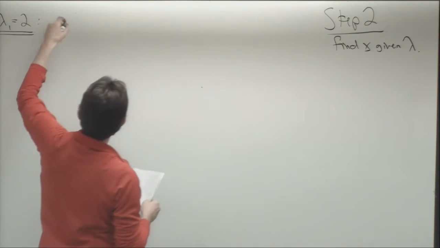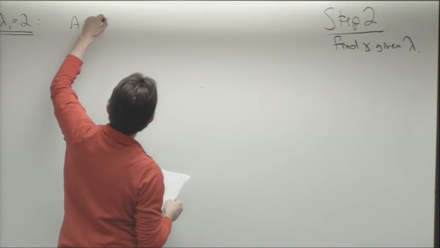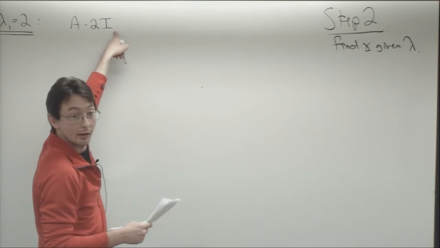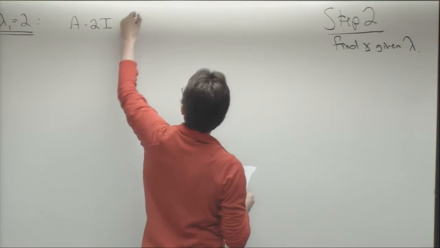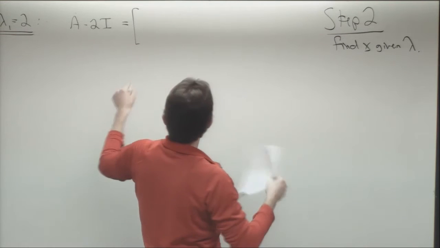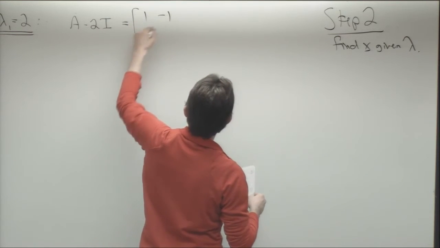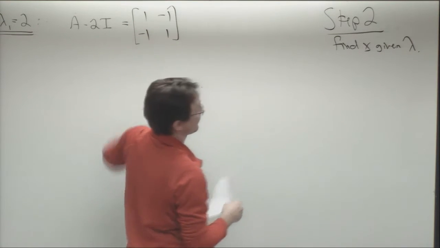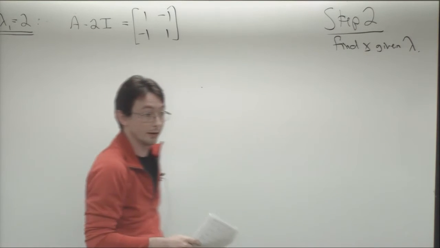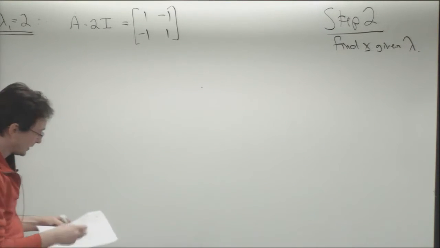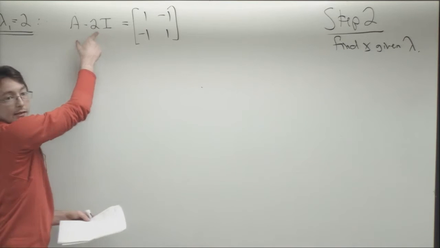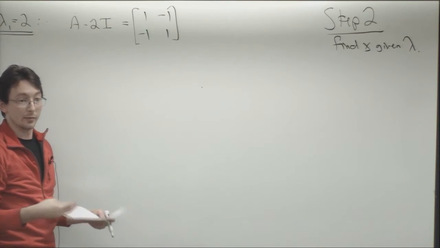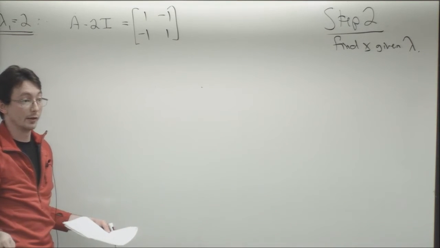So we have A minus 2 times the identity. A minus lambda I equals what? 1, minus 1, minus 1, 1. Okay, A minus 2 identity. And this matrix times some x vector, some special eigenvector, has to equal 0.